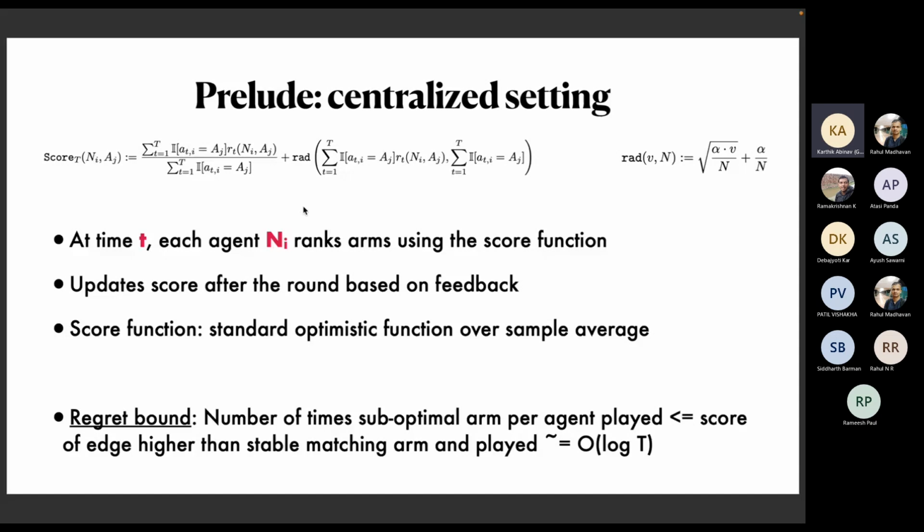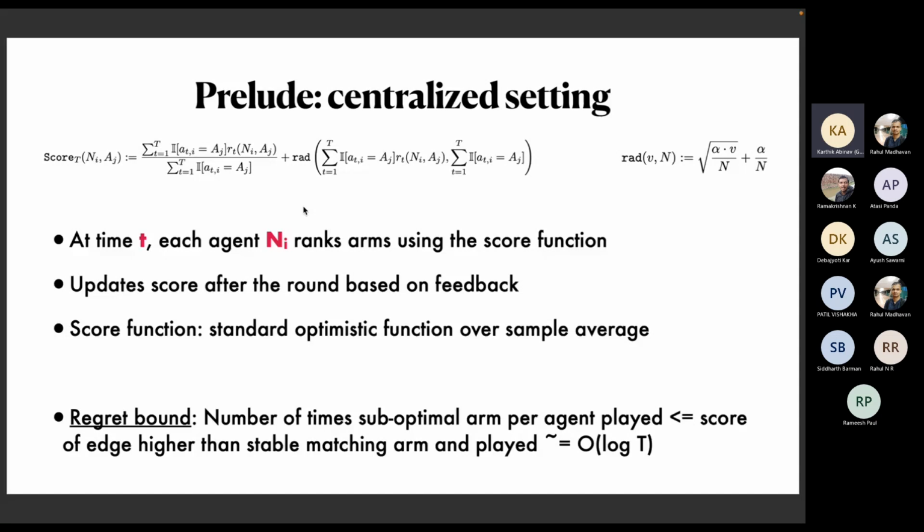Each agent ranks its arms based on the UCB score of the reward it's seen on each of those edges so far, and that's the ordering it gives to the platform. The platform computes the stable matching and returns the reward only on the stable matching edges. Then the algorithm updates its UCB function for that edge, and this is how the algorithm proceeds.